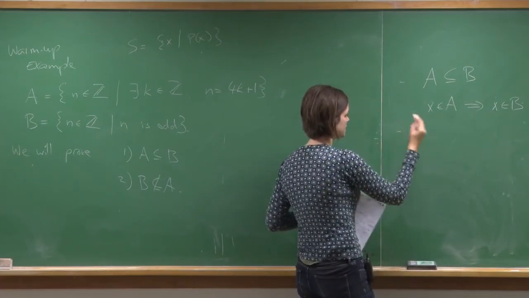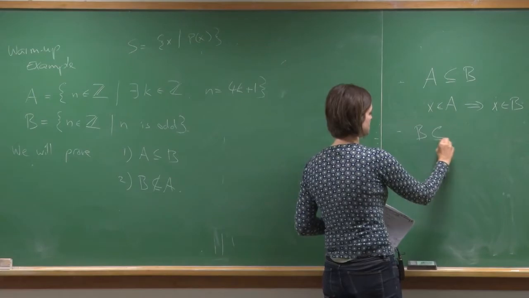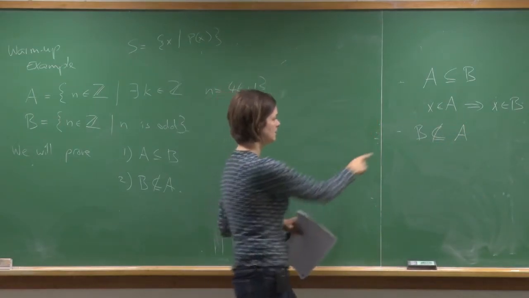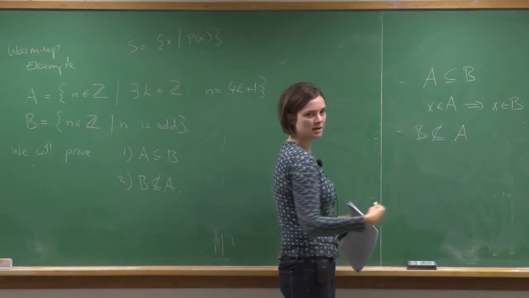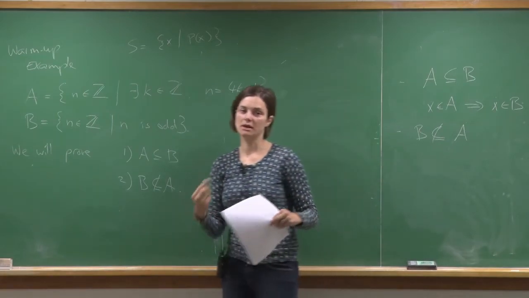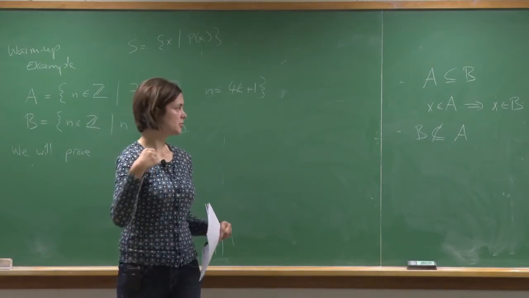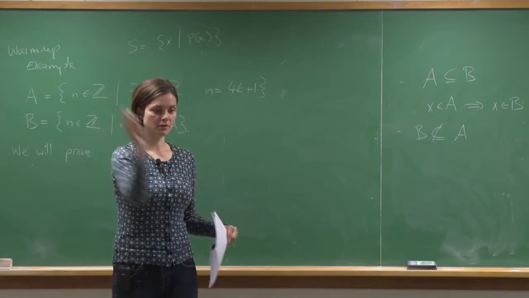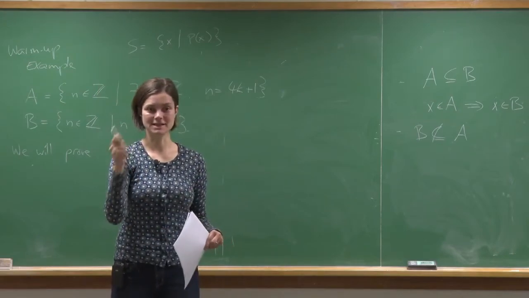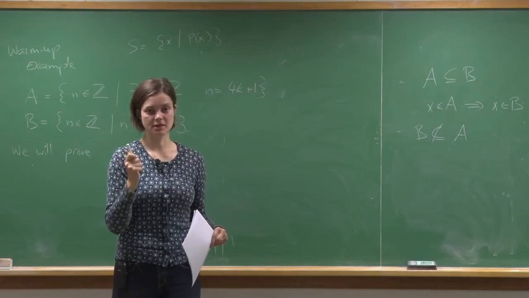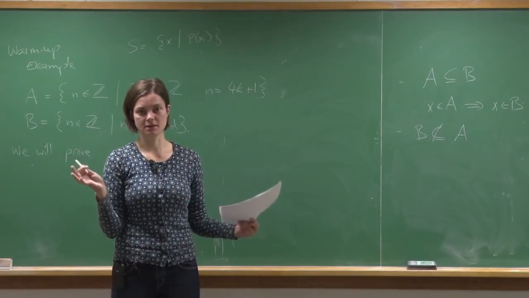And if some set is not a subset of some other set, then what does that mean? Well, it means that there's some element in B that's not in A, because then it wouldn't be a subset. Right? So in order to prove that, we don't have to prove something that's true for all of the elements of B. We just need a single example. Right? So it's important to know the difference when you need to prove something for an entire set and when you just need to give an example, and that's enough proof.